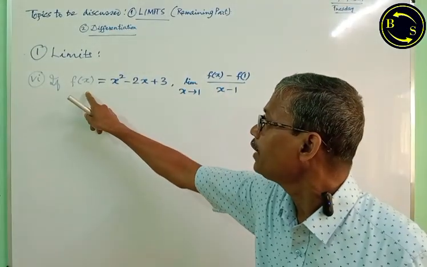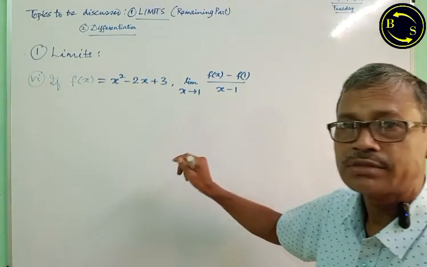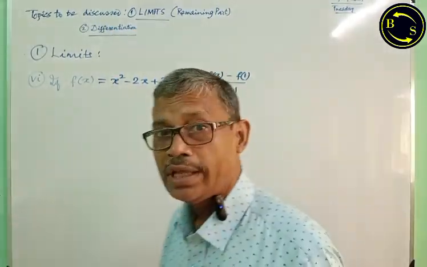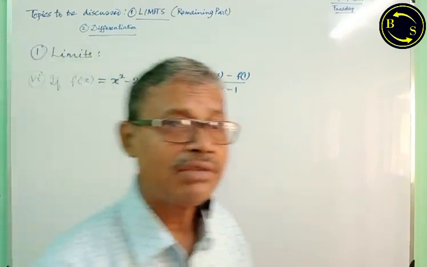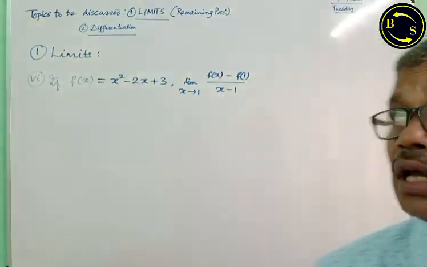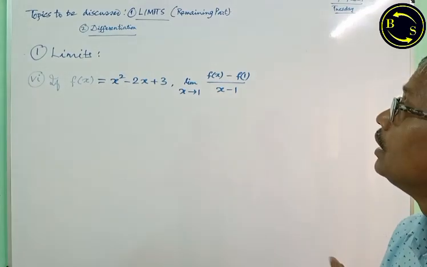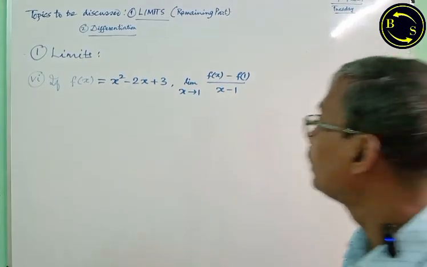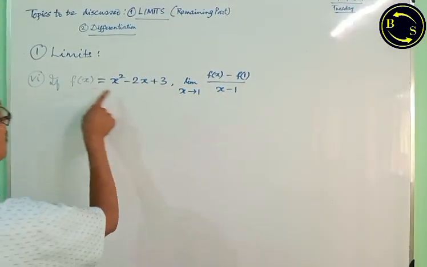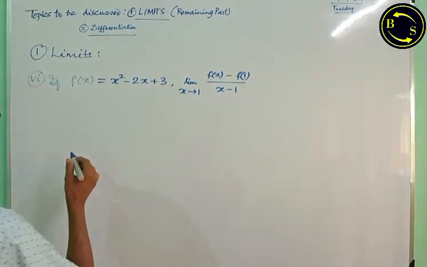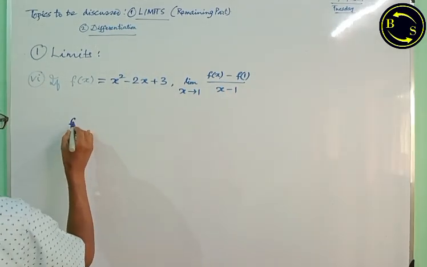Next sum, f(x) equal to x square minus 2x plus 3. We have to find the value of this one. Actually, I am discussing here a variety of problems related to limits. That is why I am taking a variety of sums. Given f(x) equal to this one, therefore we can calculate f(1) also.